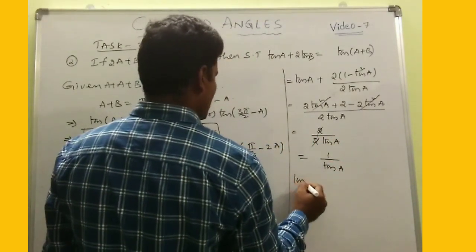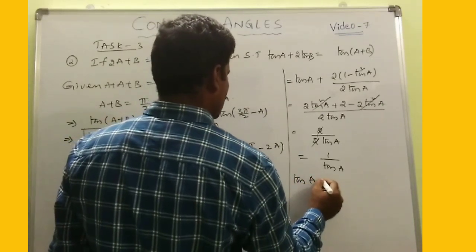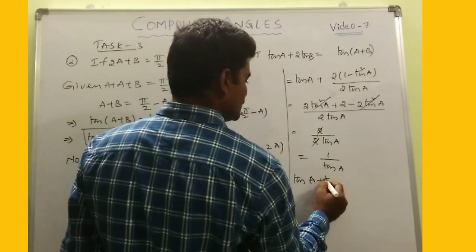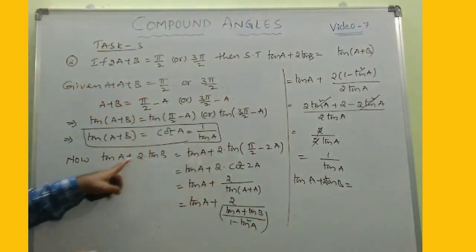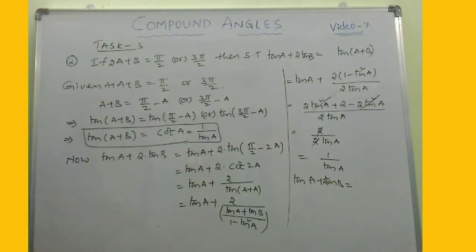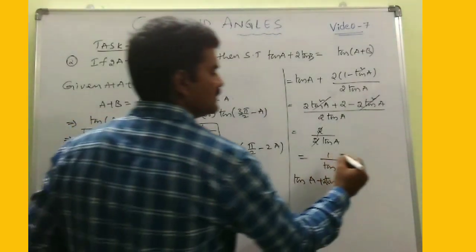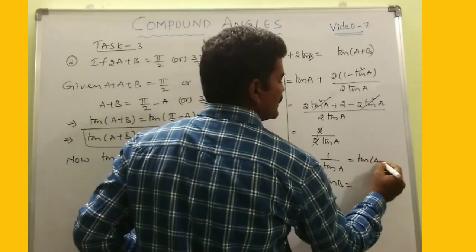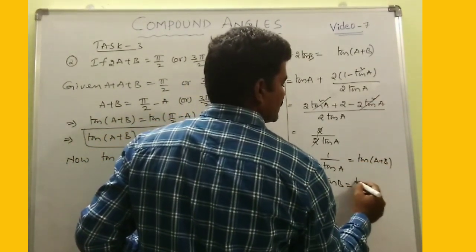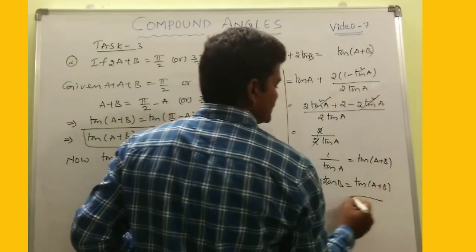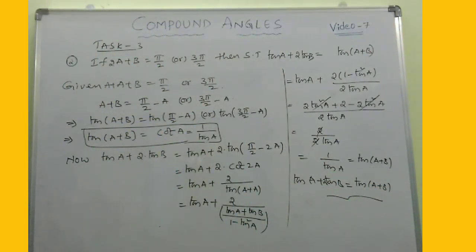So the left hand side, tan a plus 2 tan b, is equals to 1 by tan a. And earlier we got that 1 by tan a is nothing but tan of a plus b. So this is equals to tan of a plus b. This is the condition we needed to prove: tan a plus 2 tan b is equals to tan of a plus b.